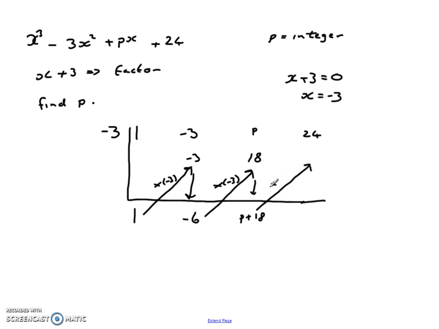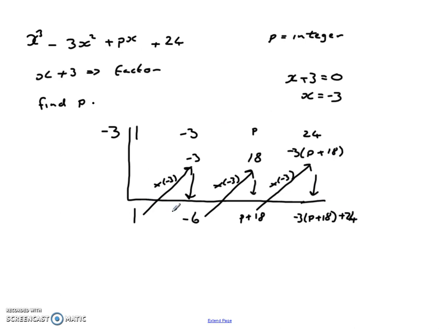Take it back to here, and again times it by negative 3, and I get negative 3 bracket p plus 18. Go down and again add the whole thing up, and I get negative 3 bracket p plus 18 plus the 24. Now, this might not seem useful, but I'm told it's a factor and I want to find p.